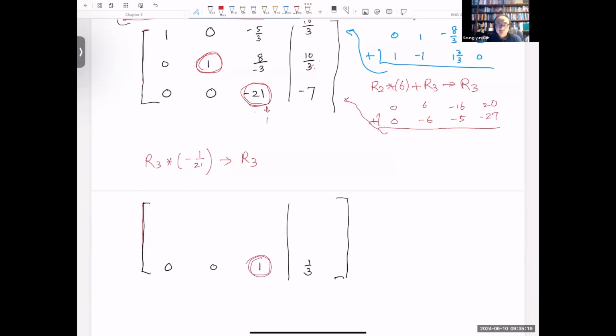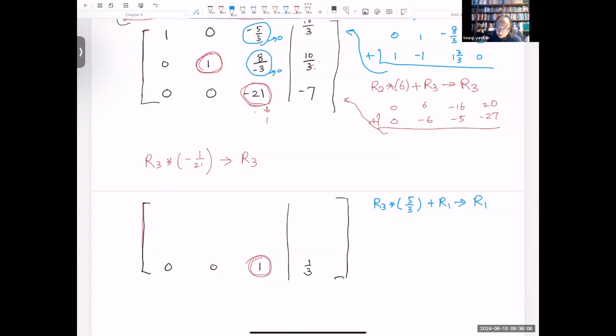Now we have to use this R3 to make this one 0 and this one 0. We want to use R3 times 5 over 3, because the first row, third column is negative 5 over 3. So we multiply row 3 by positive 5 over 3 and add to R1, put it back to R1.